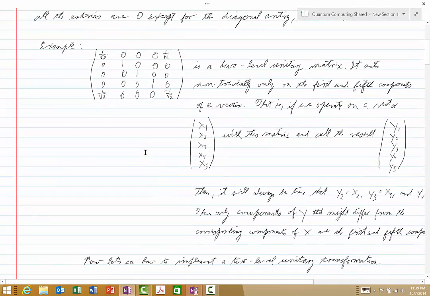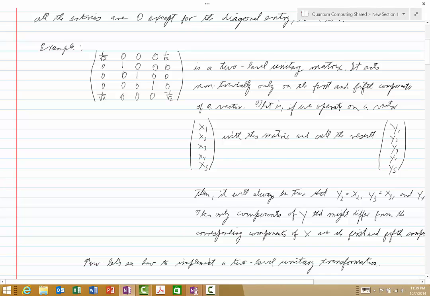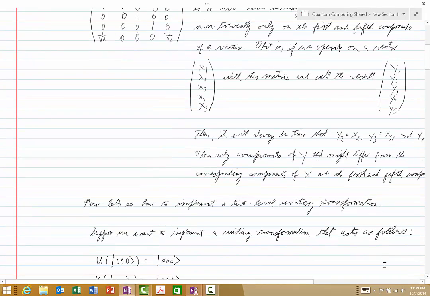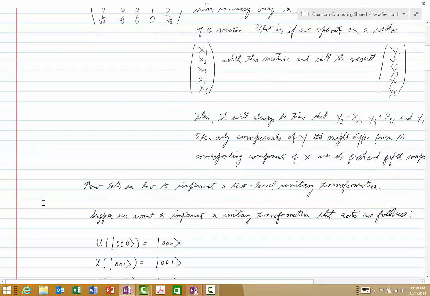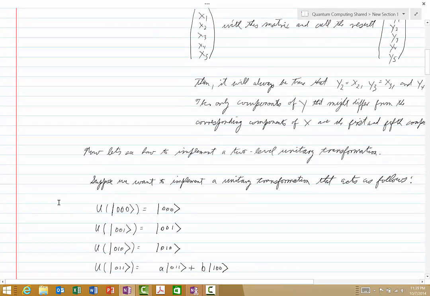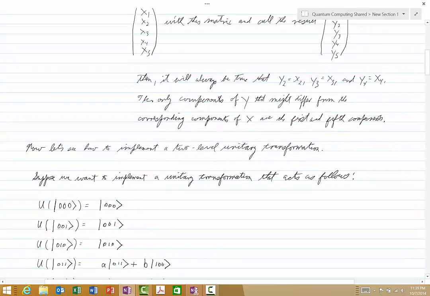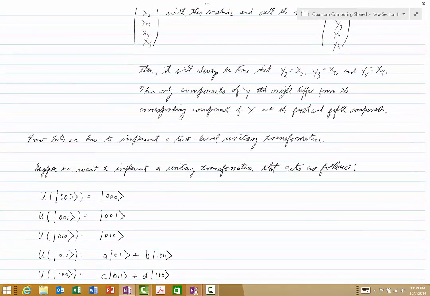Now, after this discussion of what a two-level unitary matrix is, let's see how to implement a two-level unitary transformation. We'll be discussing this topic through the use of examples.